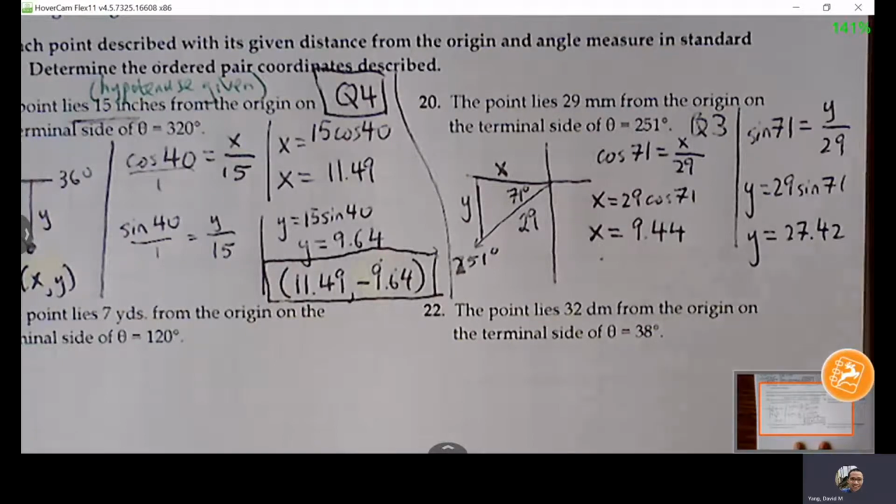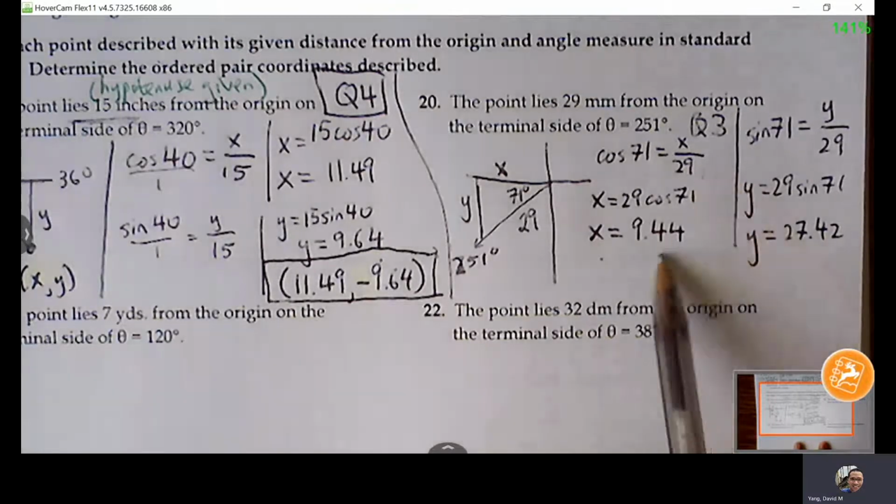Do we need to make any adjustment if we want to put it in ordered pair form? Yeah, third quadrant, right? To get to my third quadrant, I got to go left and down, right? So negative x and negative y. So I need to make that adjustment based off of which quadrant we're in, right?